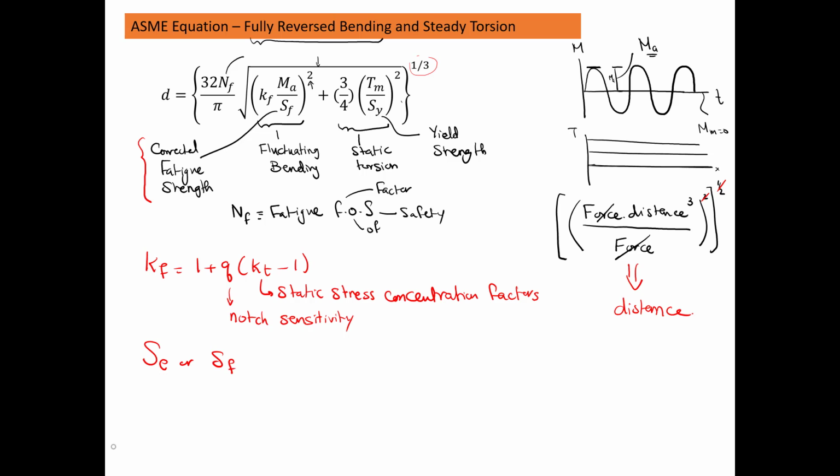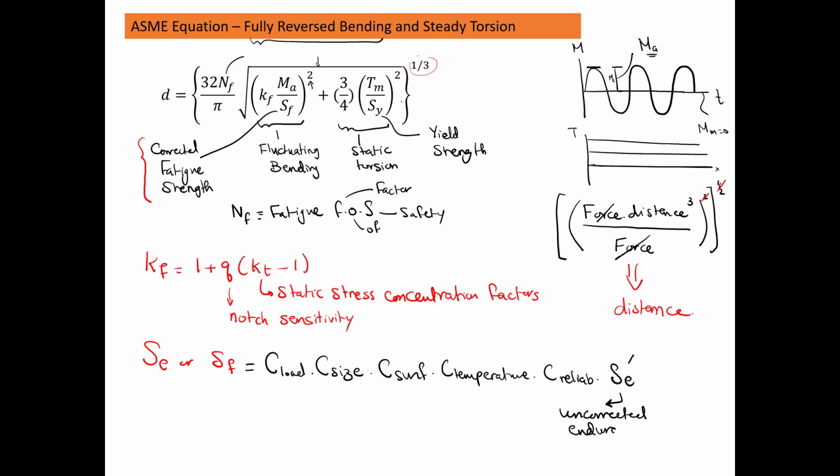It's equal to, first, the correction factor for the loading, the correction factor for the size, the correction factor for surface, the correction factor for the temperature, the correction factor for reliability, and all that multiplied by the uncorrected fatigue or endurance strength, which we have tables for steel, aluminum, copper, and iron.